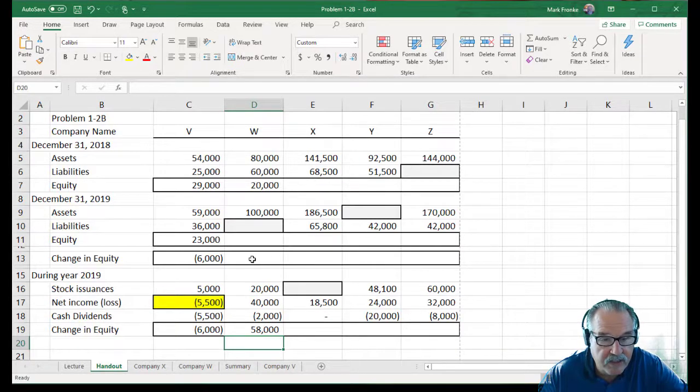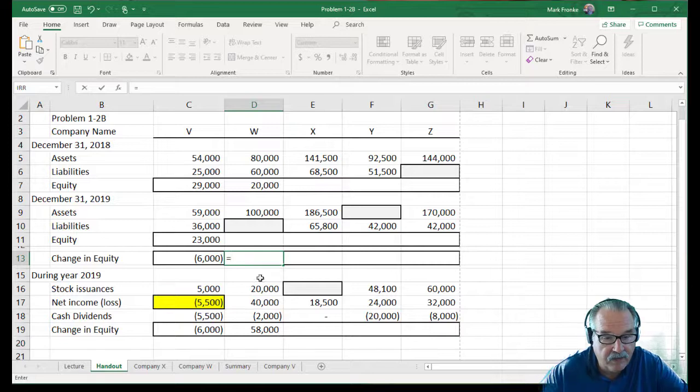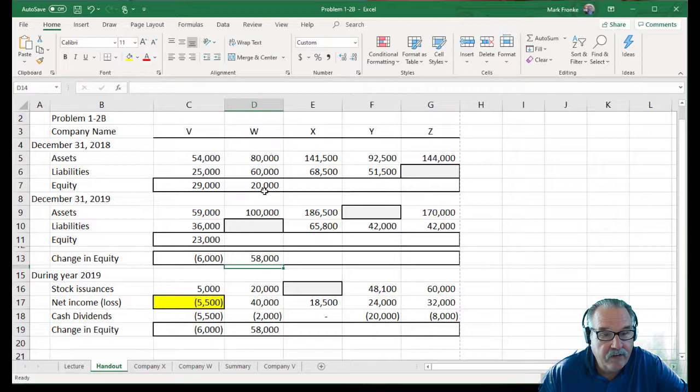So if the change in equity was $58,000 and beginning equity was $20,000, that means that equity at the end, because it went up $58,000, has to be $78,000. And I've got that by adding together the $20,000 and the $58,000. In other words, beginning equity was $20,000, the change was $58,000, so it had to have gone up to $78,000.